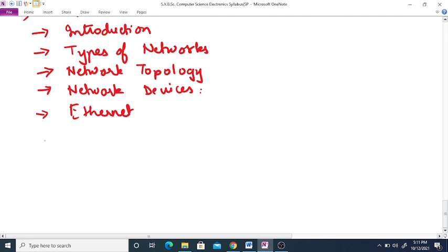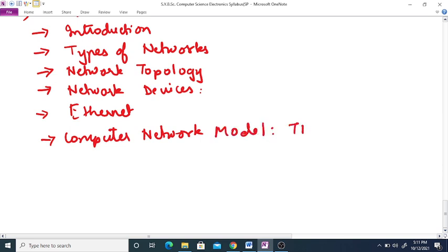And lastly, computer network model, that is TCP/IP and OSI model. These are the units that we are going to cover in this syllabus.